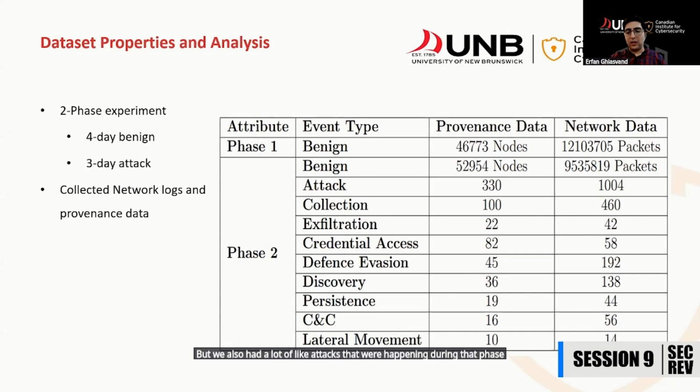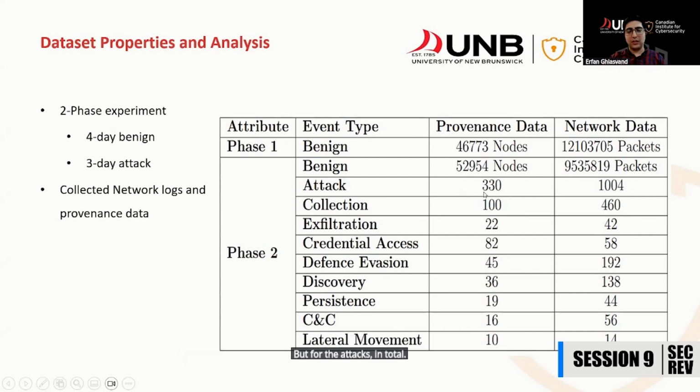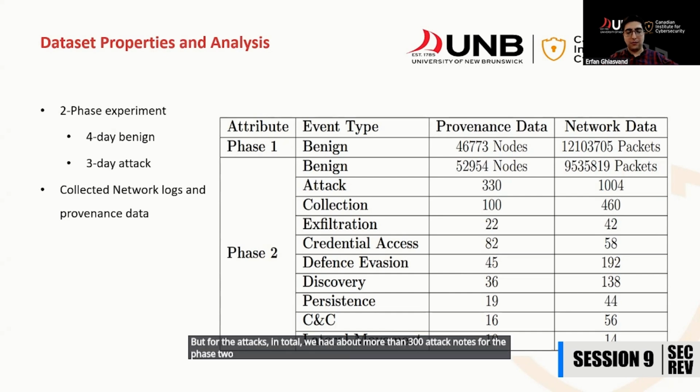You can see here that we had about 46,000 nodes in the provenance graph for the benign phase and about 53,000 nodes in the provenance graph for phase 2. For the attacks, in total we had more than 300 attack nodes for phase 2. That is the sum of all of the steps that happened during the experiment and during the emulation plan of the attack.